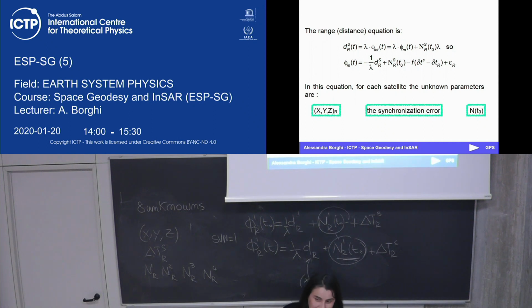But we are going to see that for geophysical applications, we are going to correct each satellite clock. We have a synchronization correction for each satellite, but this is for very high precision applications. For just positioning and navigation, we can consider the satellites synchronized with each other.